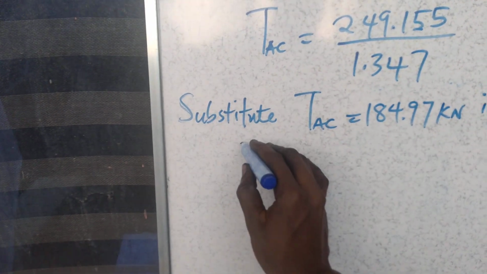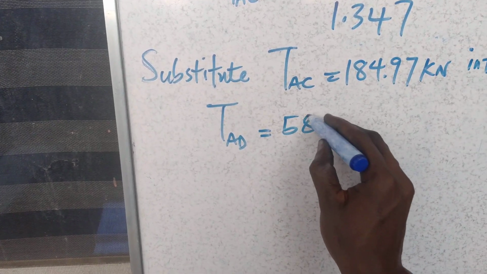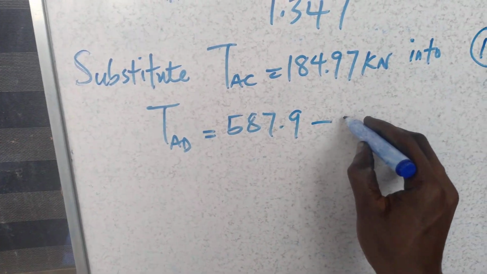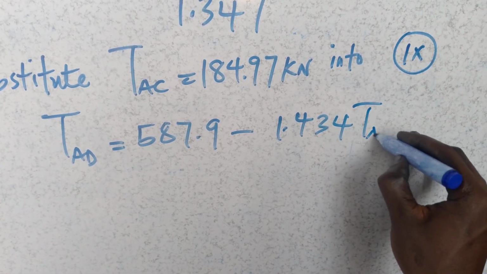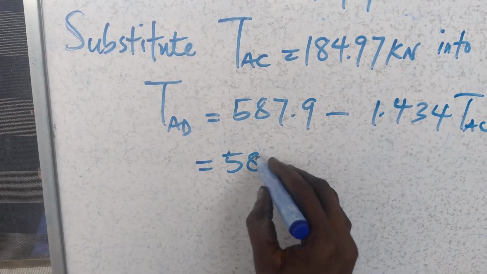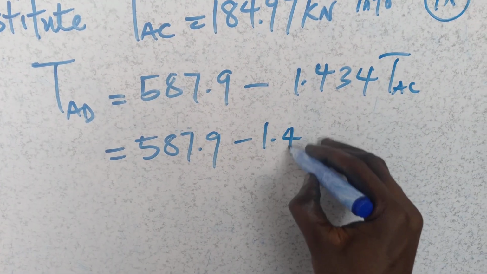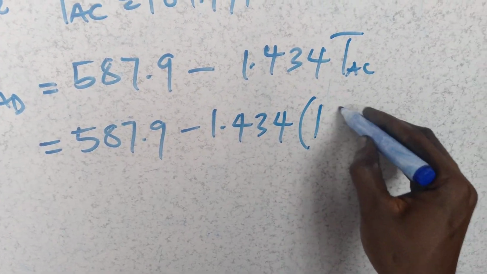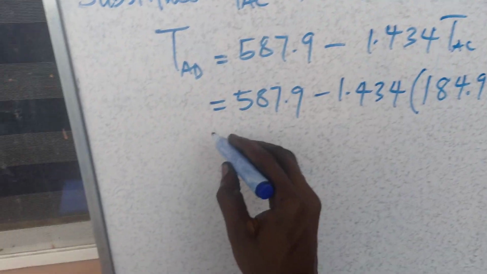Equation 9 now will be TAD equals 587.9 minus 1.434 TAC. So I'll put the value of TAC here. This is 587.9 minus 1.434 multiplied by 184.97.